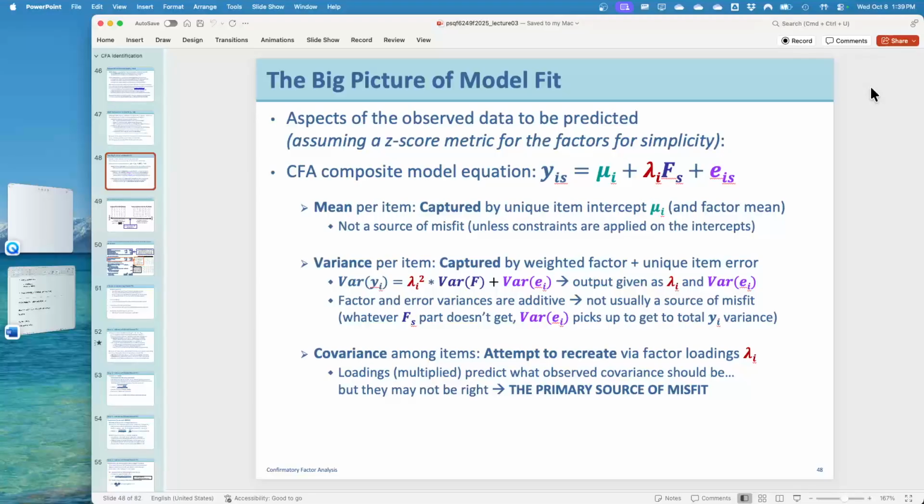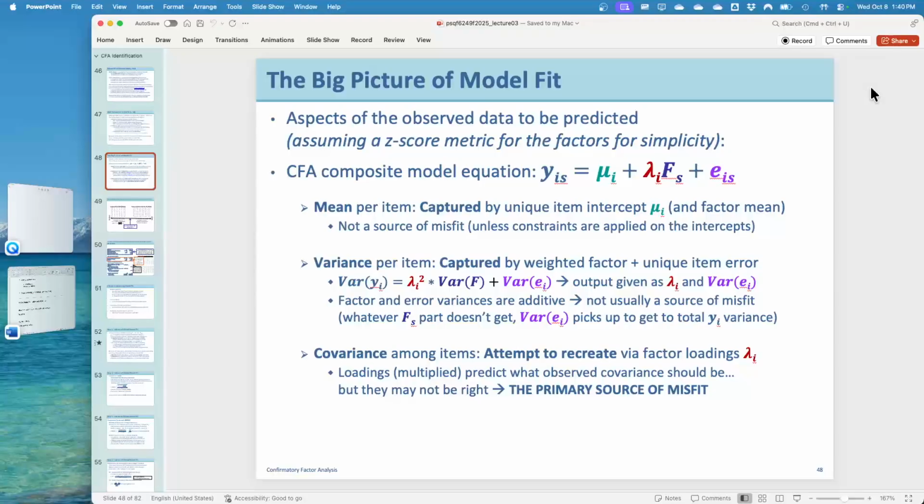Then we looked at local fit. We looked at normalized residual covariances. And if we saw some that were bigger than a number, we looked at modification indices, right? But in the process of model fit, we had described where misfit occurs is largely the covariance matrix.